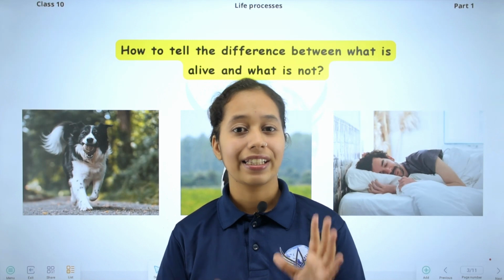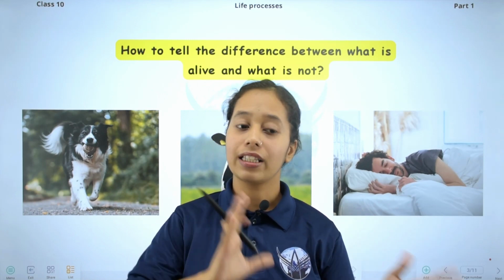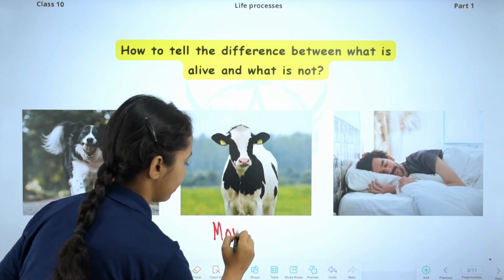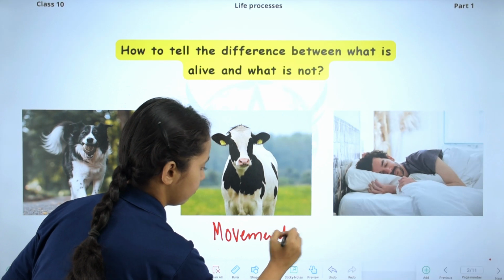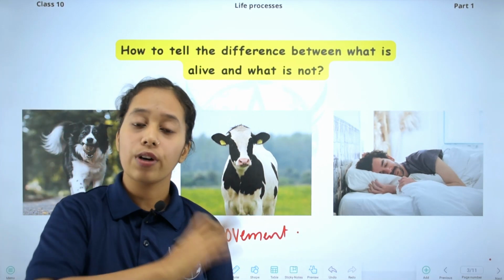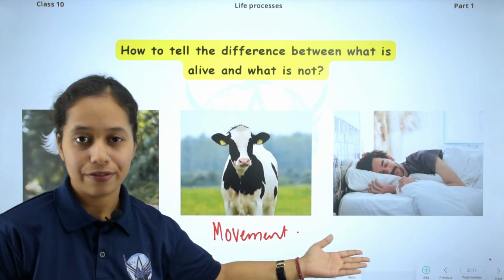So can we say that movement is a criterion to classify one thing as living or non-living? Yes. So let me write here: movement. Since these three examples can move around from one place to another on their own free will, that's why we can say that they are alive.